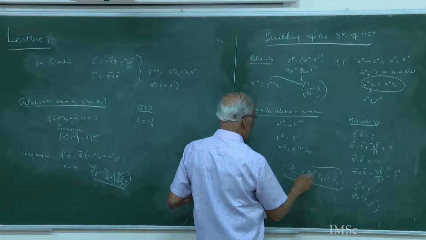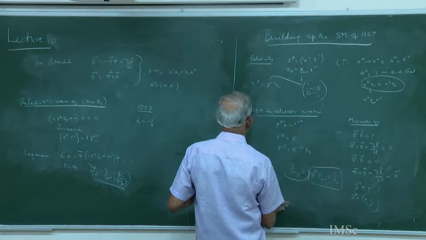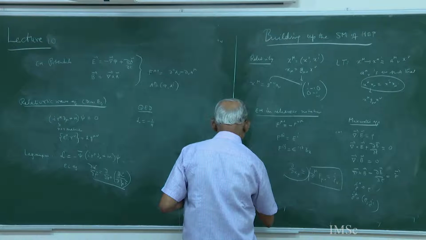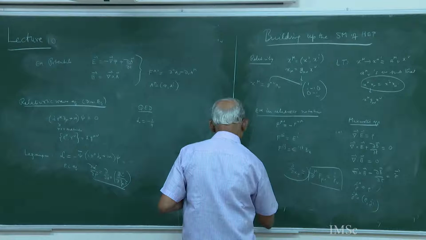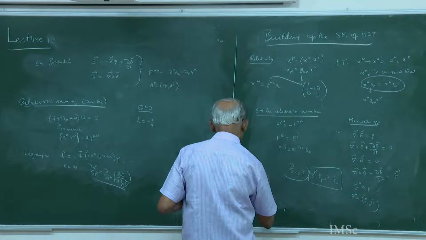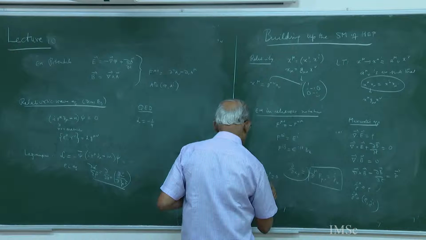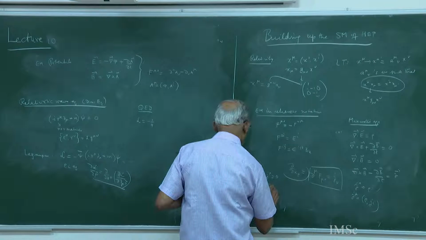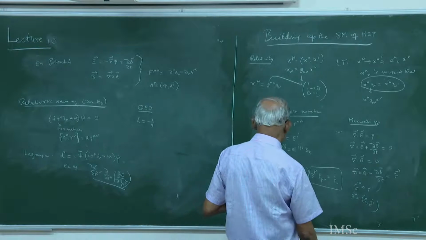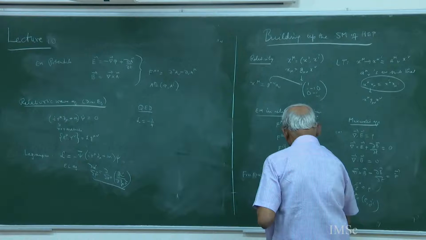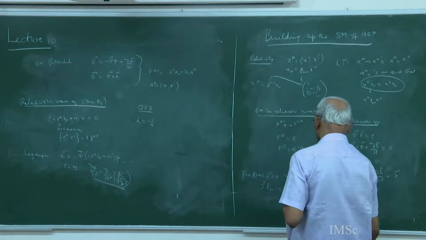In free space, that means there are no currents or charge densities. Then the Maxwell's equation is simply ∂_μ F^{μν} equal to 0, and this can be obtained as the Euler-Lagrange equation from this Lagrangian. So this is the Lagrangian for free Maxwell's theory at least.